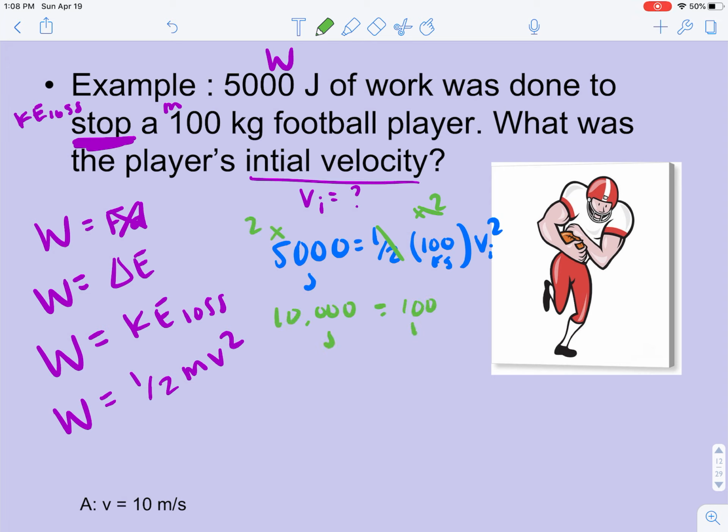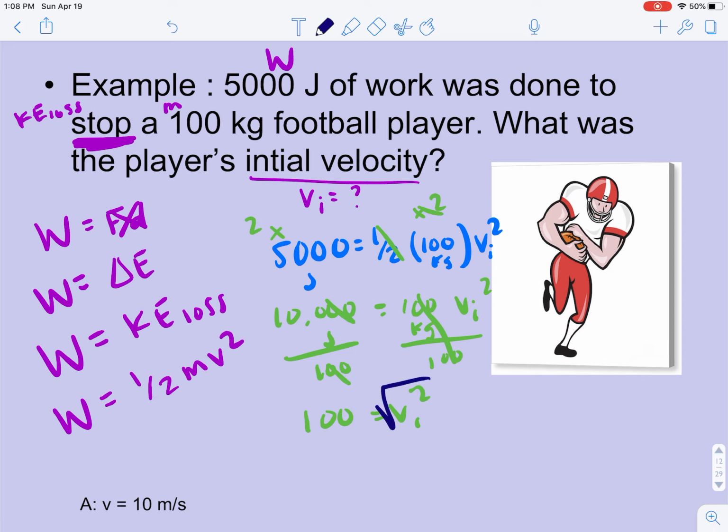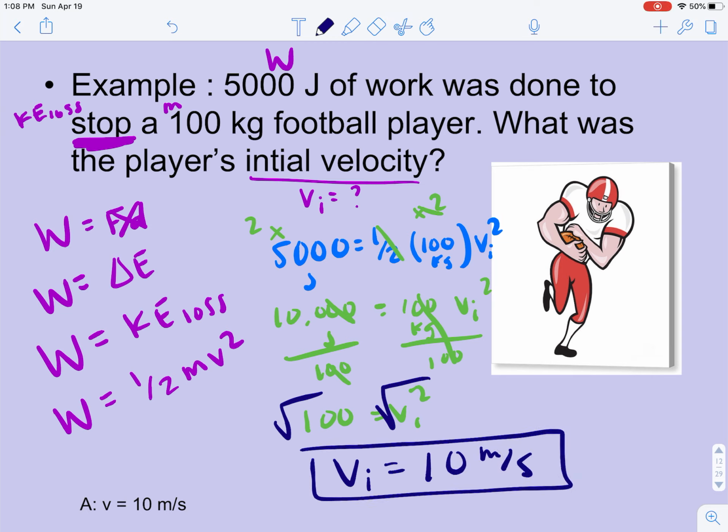So I get 10,000 joules equals 100 kilograms times velocity initial squared. I will divide both sides by 100, and that'll cancel out 2 of the zeros. So I end up with 100 equals my initial velocity squared. Take the square root, and I get the initial velocity of the player is 10 meters per second.